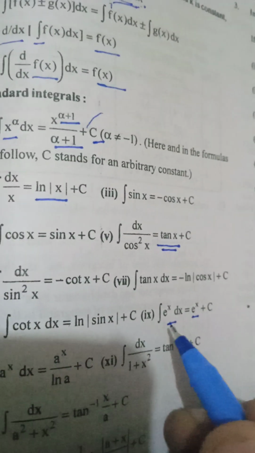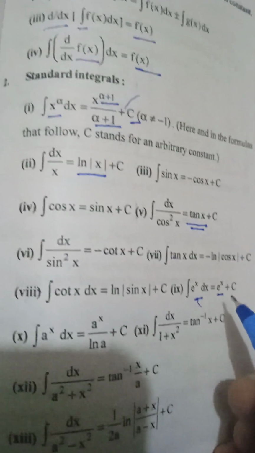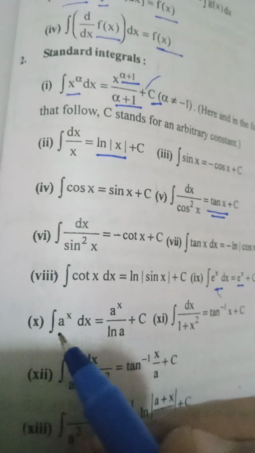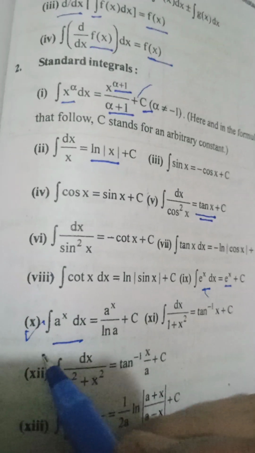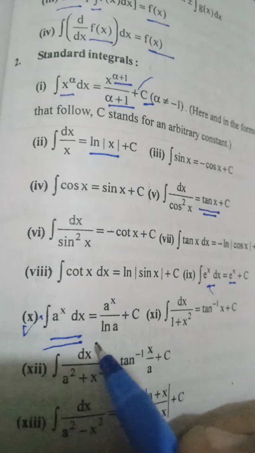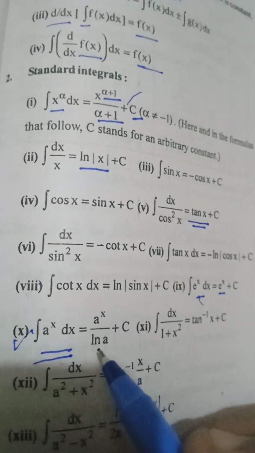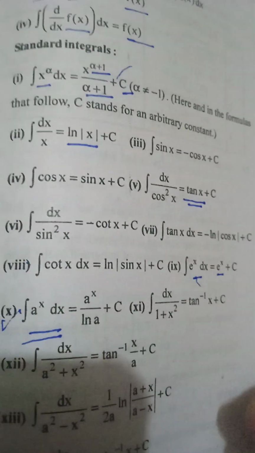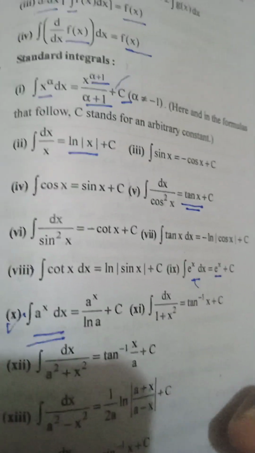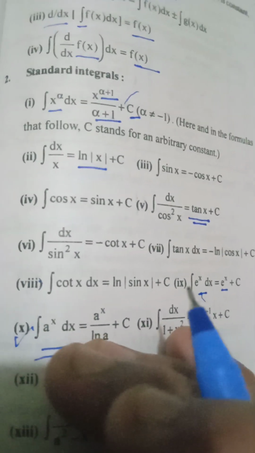So e^x always has the same value when you integrate it. When you integrate a to the power x, this is an important one. You can use the substitution method in this case. You don't need to remember this, but if you want to, we will discuss it further in the next sections of integration, where you can easily find the integration of such functions.